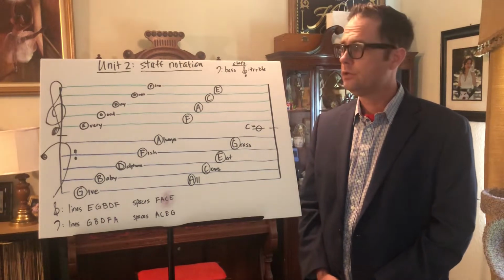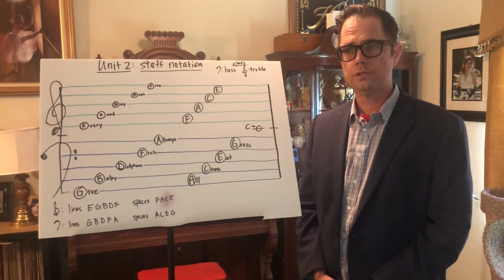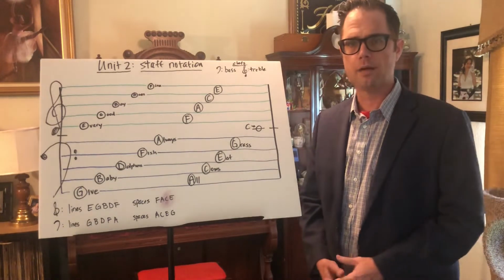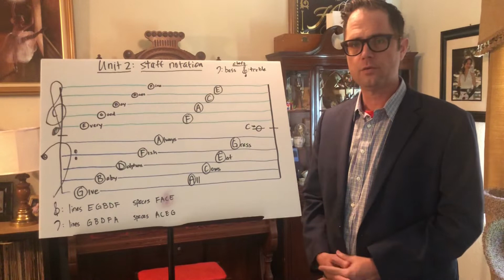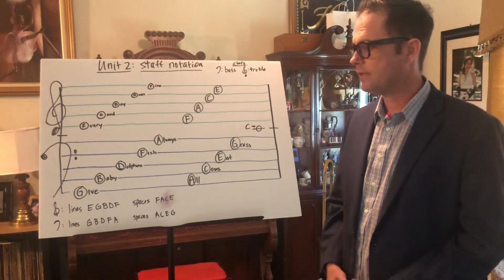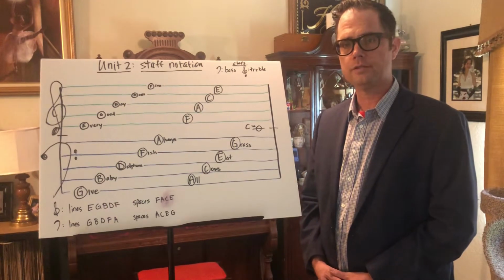If you go to the one that says staff notation, which I think is near the top, the first or second one down, it explains it in a different way than I'm about to tell you, but it's the same thing. I think it'll help reinforce this for those of you who have not done this before.